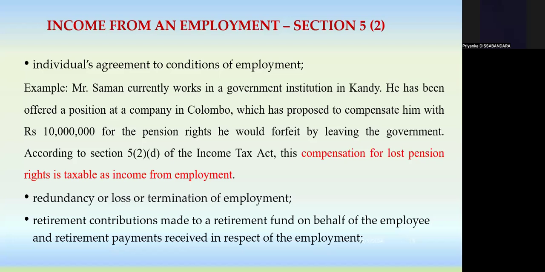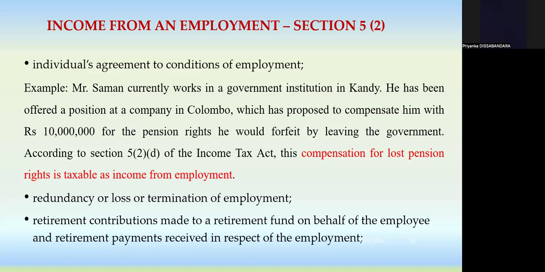Then the next one is individual's agreement to conditions of employment. Sometimes we receive some income from the employment for the conditions. So that kind of expenditure is also a part of the employment income. For an example, Mr. Saman. There is a person called Mr. Saman.